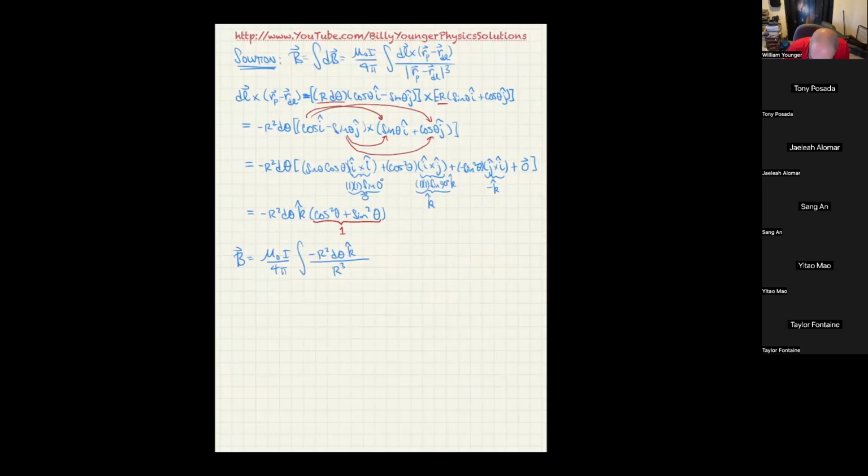So now what I have is negative mu 0 I over 4 pi R. Notice the two R's on top canceled out, leaving one R on the bottom. And then the k hat is out in front. So we already got our direction established, and we get the integral of d theta. And I'm going to integrate it from theta equals 0 to just pi over 2.